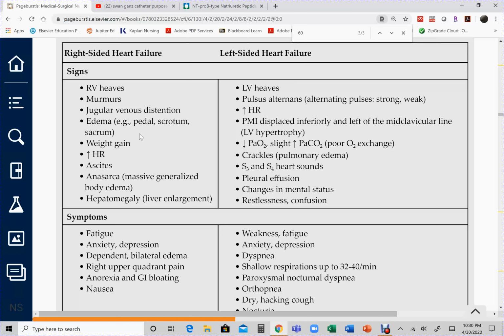Just remember that the edema formation here is caused by increased hydrostatic pressure, meaning the sheer volume of fluid in the vessels will cause the fluid to leak out. Of course, this will eventually drop cardiac output, so it will trigger an increased heart rate, and edema won't stop there.